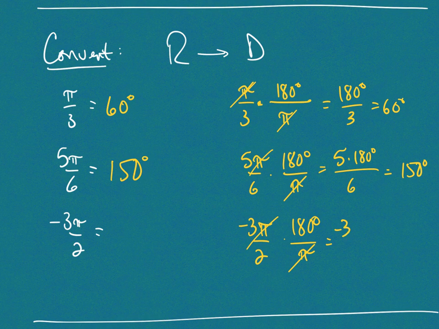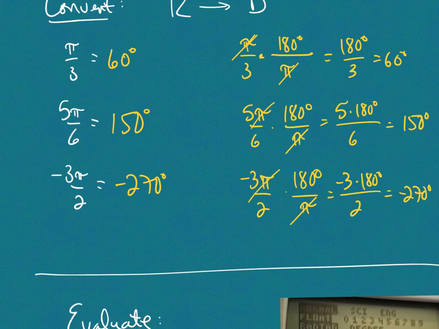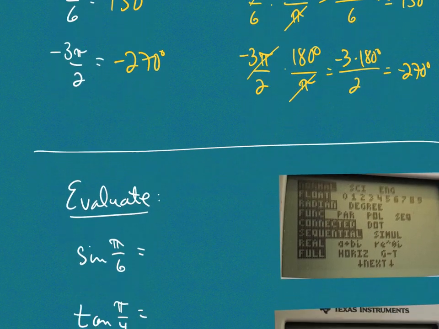So you'd have negative 3 times 180 divided by 2, and that's going to get us negative 270 degrees. Okay? So that's going to be how we ask you to start working with radians, is just changing back and forth between the two measures.